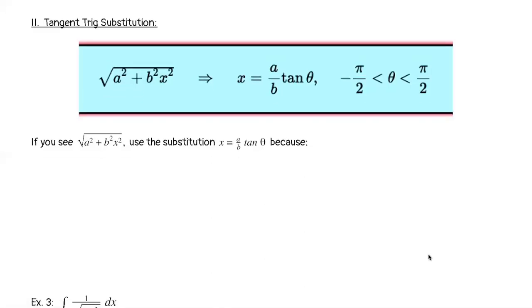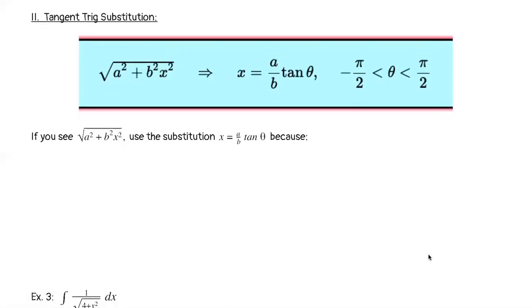All right, so here we go. In this case, we're looking at one very small but significant change. Underneath our square root, we don't have a squared minus b squared x squared, but rather we have a squared plus b squared x squared, okay?